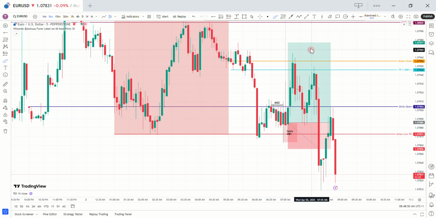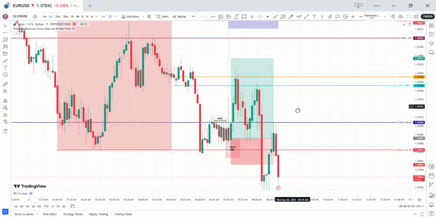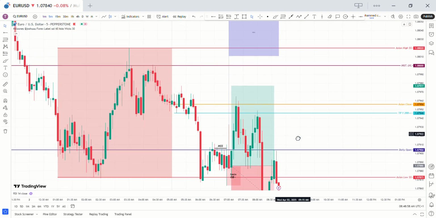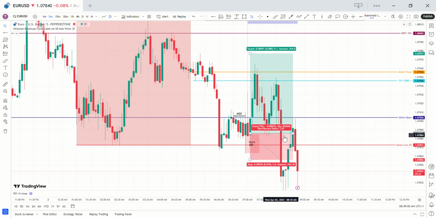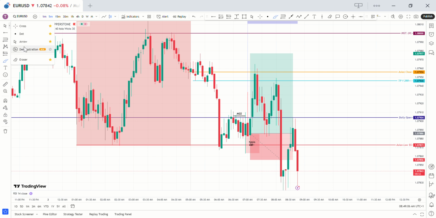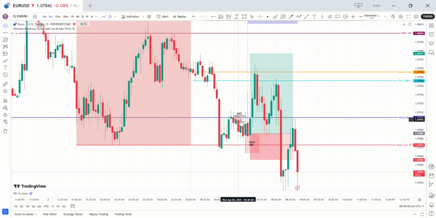So this consolidation happened before the London session opening. As price was consolidating before London session, I just sat down and was patiently waiting.